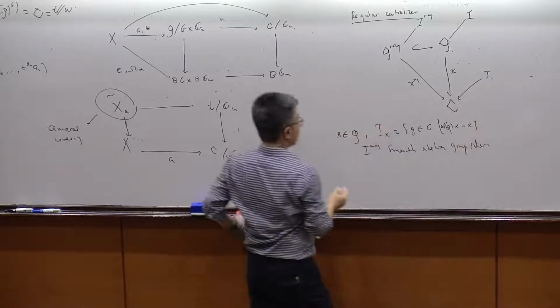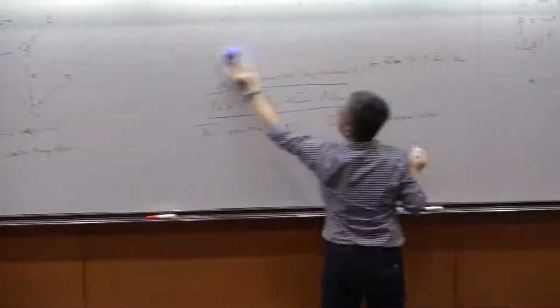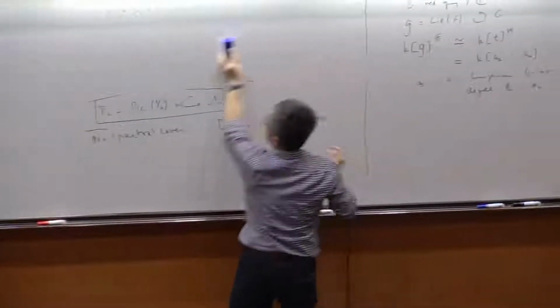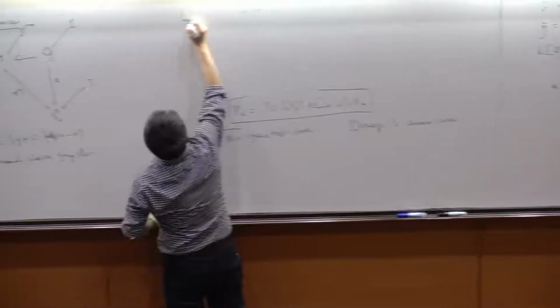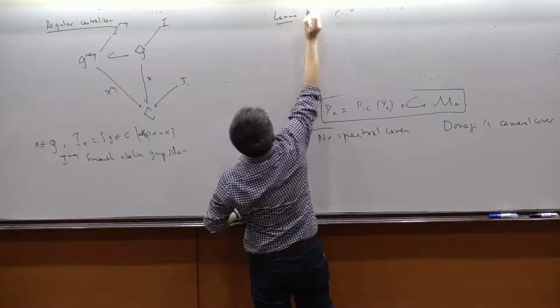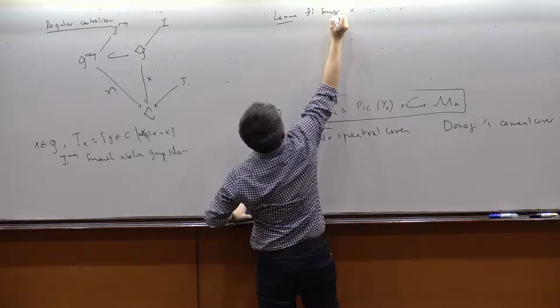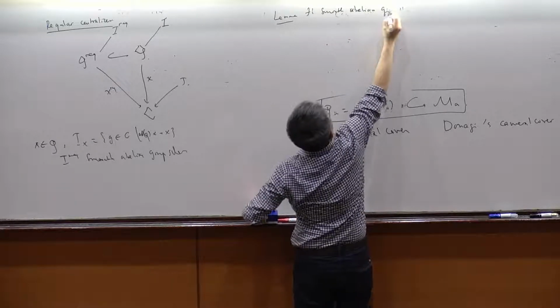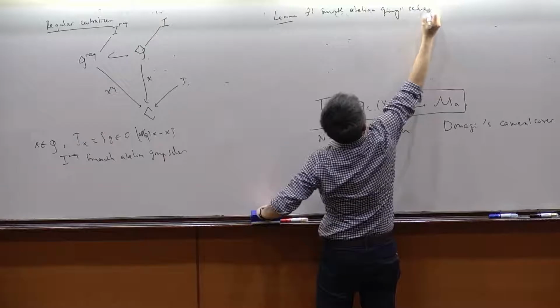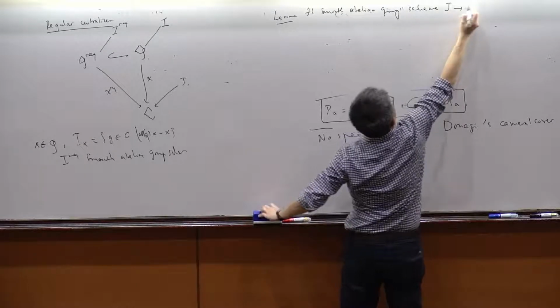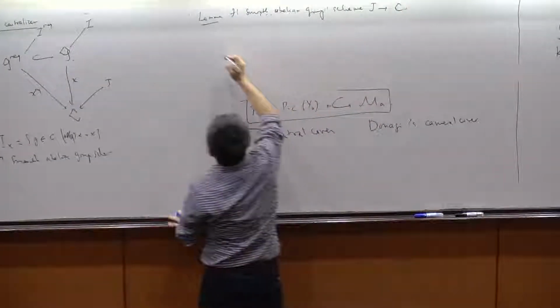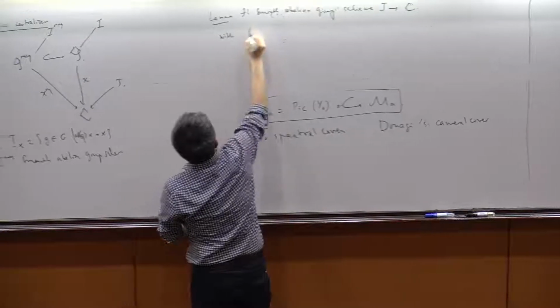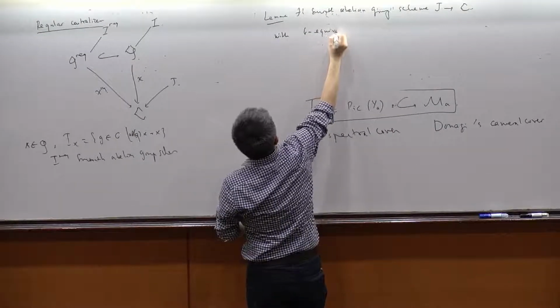So here the claim is that there exists, so there is this unique smooth abelian group scheme J over C with a G-equivariant map.